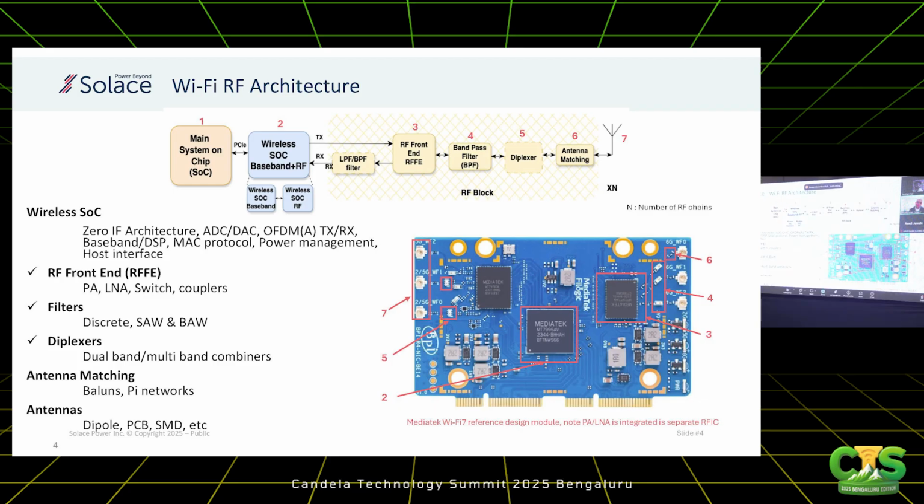And then you have the whole RF front-end chain, which consists of filters, RF front end, diplexers, matching, and antennas. Just to give you an idea, today you can just go buy an off-the-shelf Wi-Fi 7 reference design, and you will get a good idea about all these blocks that connect the antenna to the wireless SoC, which I've marked here, and you can take a look later when you have the slide.